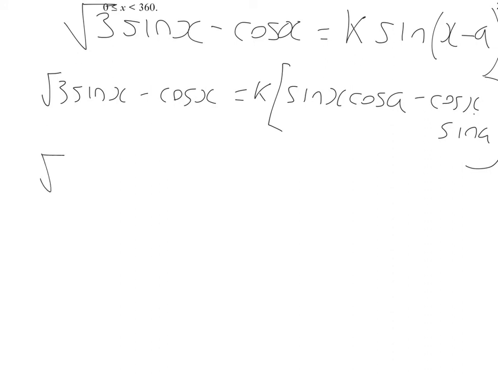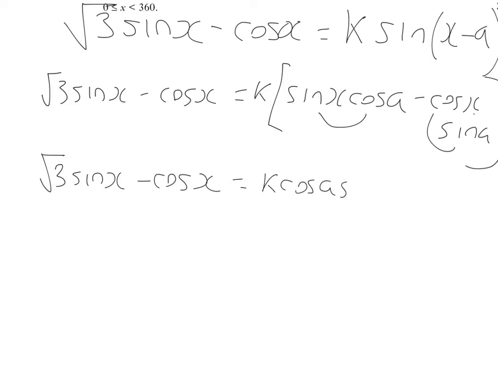So that's root 3 sin x minus cos x is equal to, I'm just going to flip these round as I exit the bracket, so it's going to be equal to k cos a sin x minus k sin a cos x.